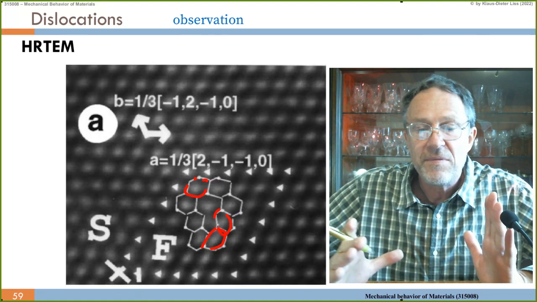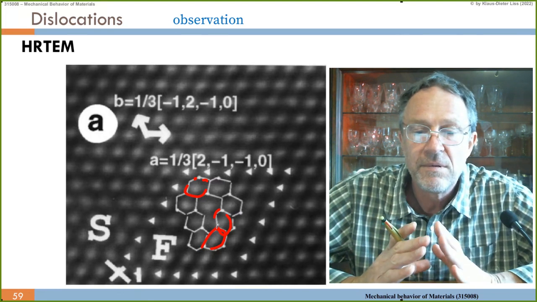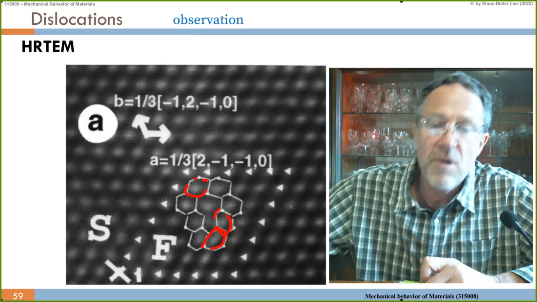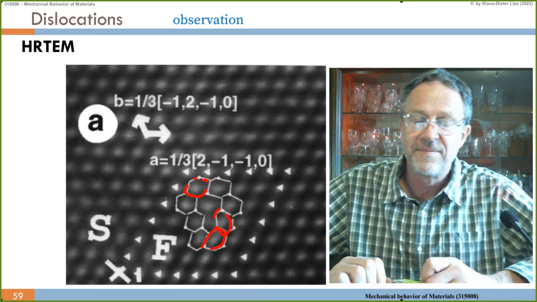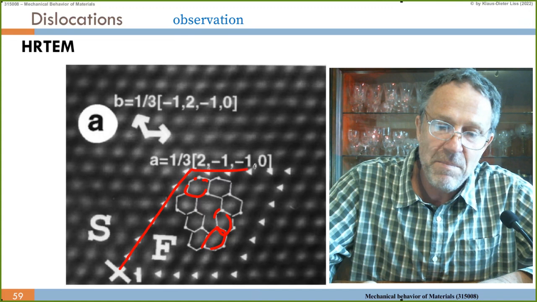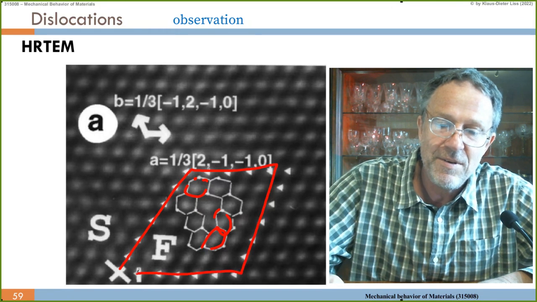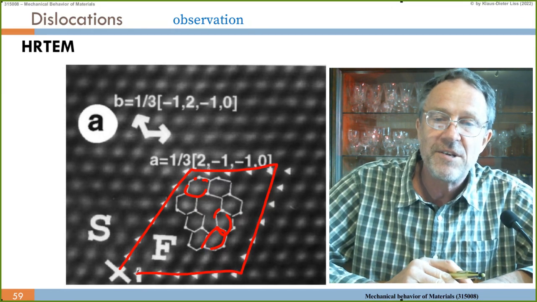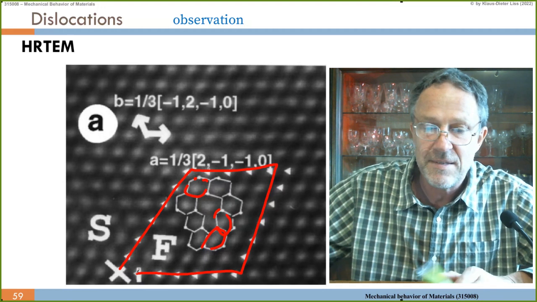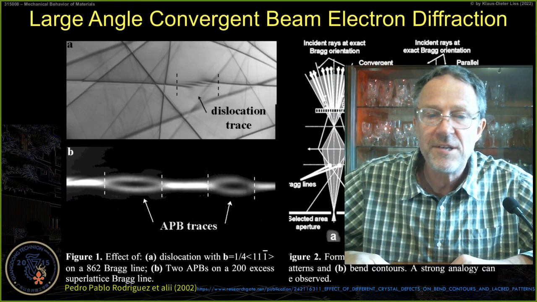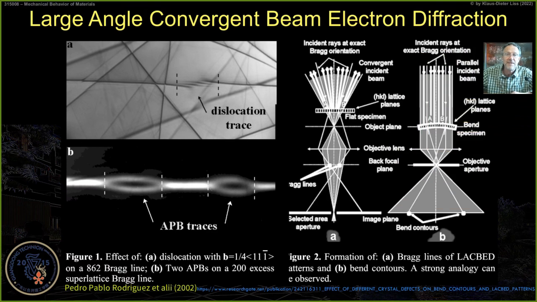If the dislocation is narrow, fewer unit cells are distorted, but of course they are more strongly distorted. So that's the difference. But importantly, going around, you end up at a different location, which means there is a dislocation inside this loop.